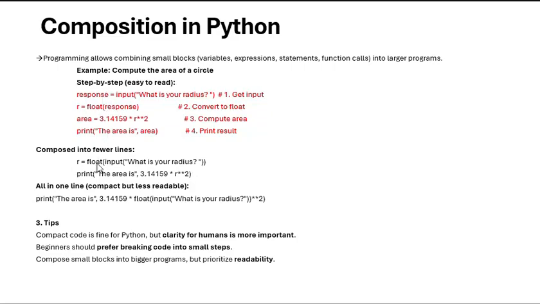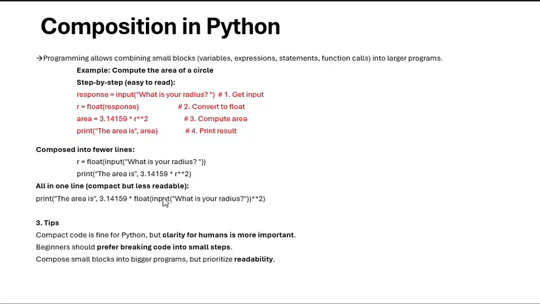It directly converts into float, takes the input from the user, "What is your radius?", and prints the area as 3.142 into r exponent 2. It will directly print the result. Got it? Instead of writing these lines of code, you can compose it into fewer lines.